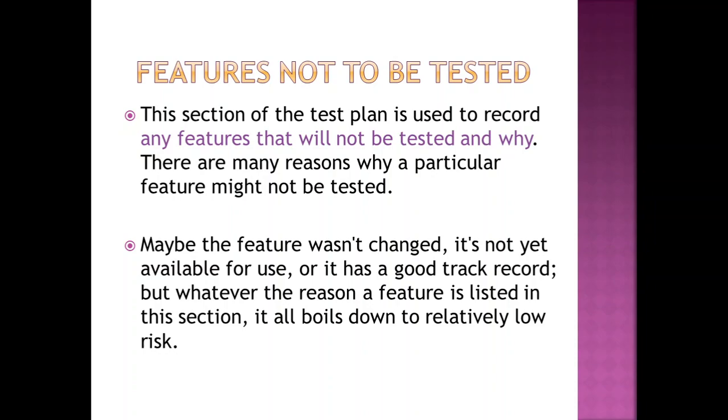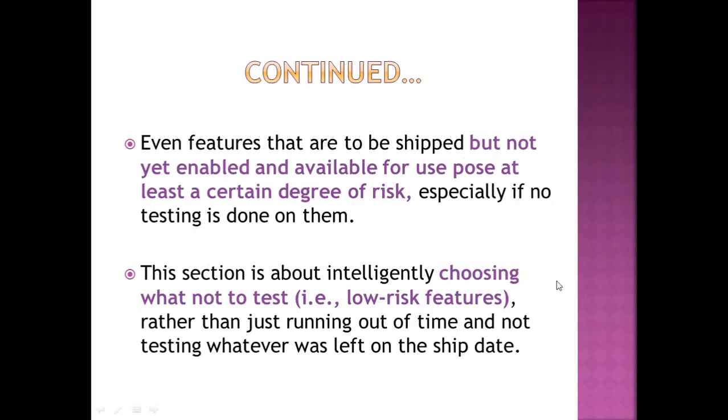It is a very intelligent decision to decide, when you are writing a test plan, what you're going to test and what you're not going to test. The not-going-to-test features will most of the time be low risk features, or sometimes, as I have mentioned here, maybe a particular feature is to be shipped but is not yet ready. Maybe it has a dependency on something else which has not yet started.